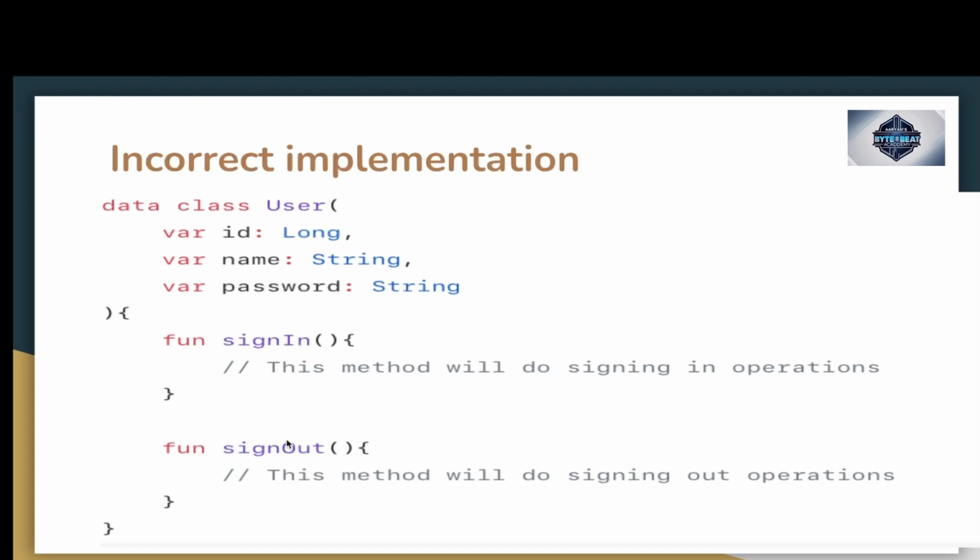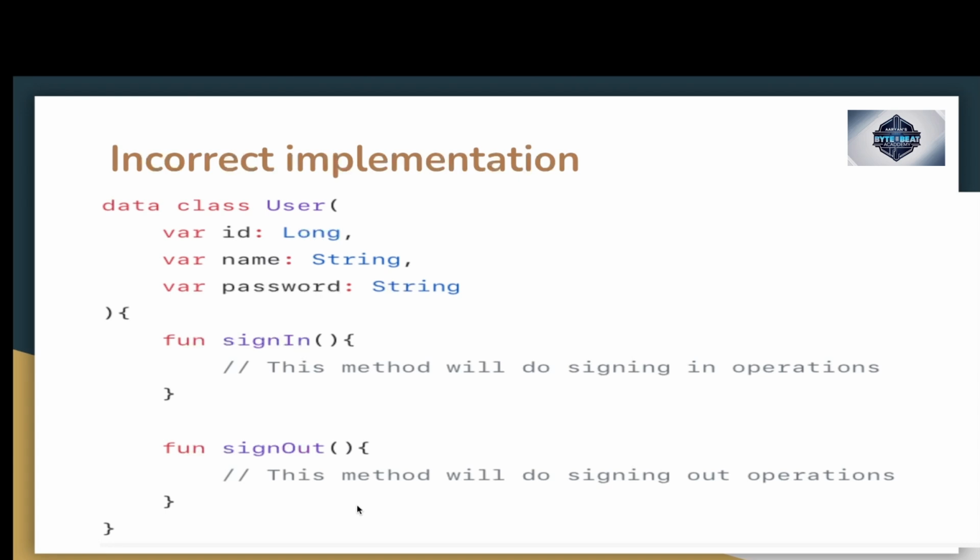Now let's assume that we need to make some changes for the authentication process. The sign in and sign out are used for authentication, and I want to implement the OTP feature also. So I would make a change in this class and add a function like send OTP.